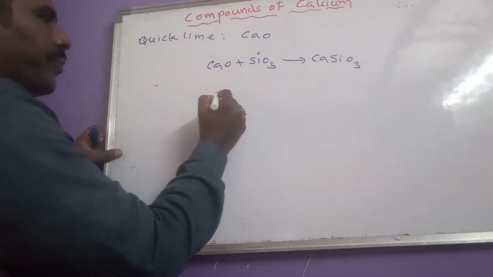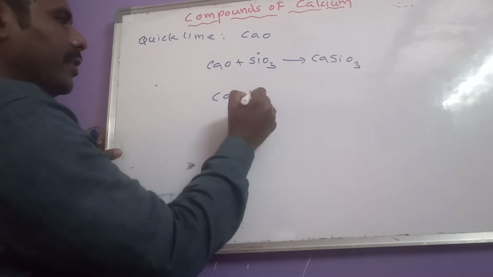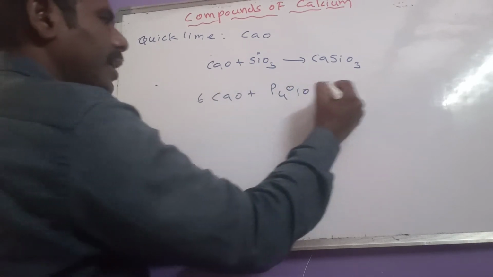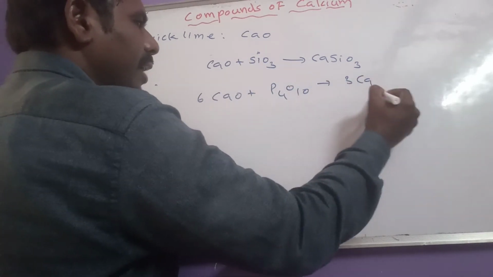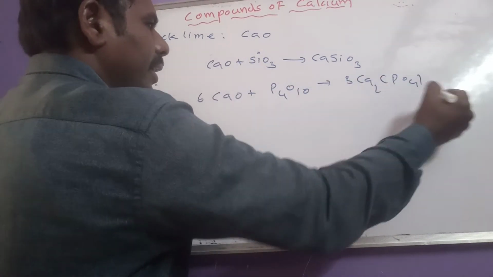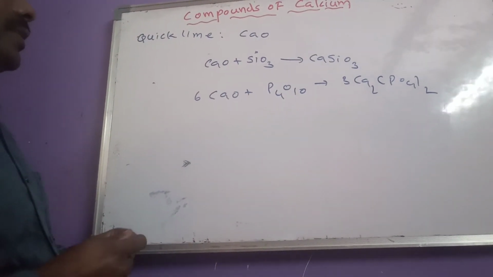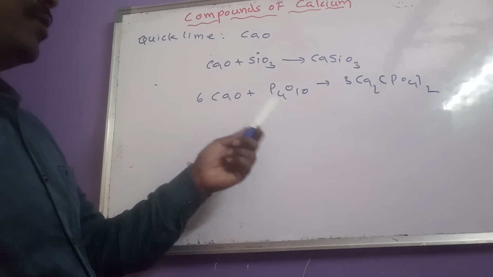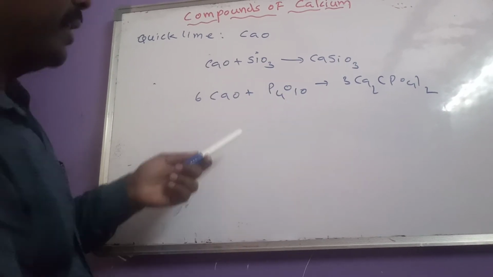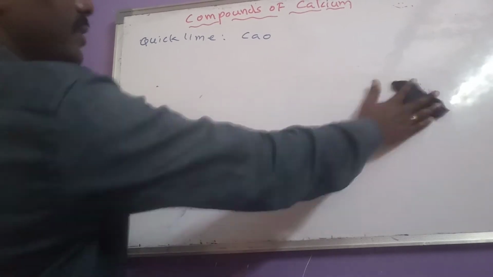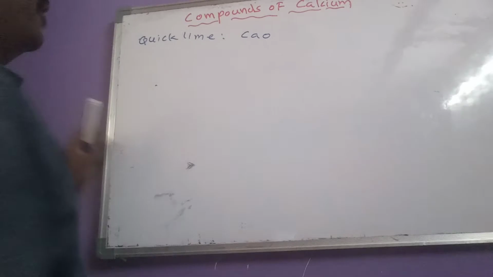CaO also reacts with P4O10, an acidic oxide, and that produces calcium phosphate, Ca3(PO4)2. Like that, we can see the basic nature of calcium oxide. And now let us see the uses of quicklime.